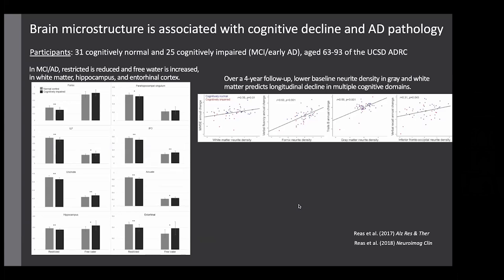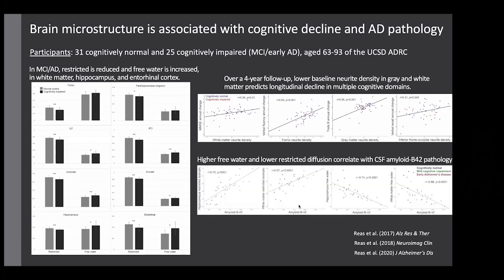Importantly, we also found that many of these metrics correlated with cognitive function and, really critically, predicted cognitive decline across multiple cognitive domains over a 4-year follow-up period.